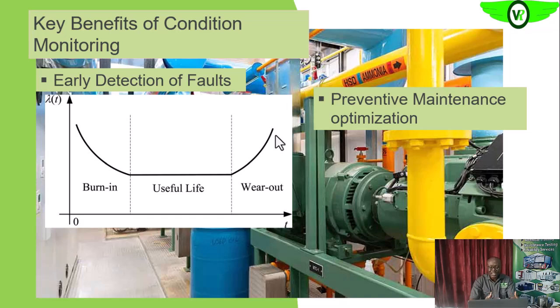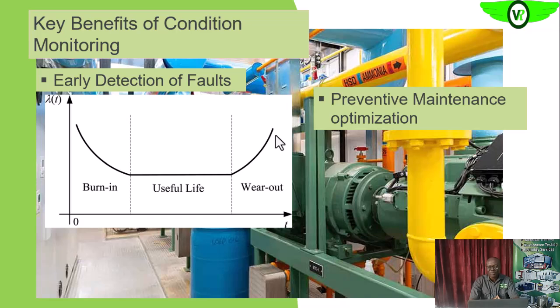Okay, there are some critical components and equipment that you cannot allow to fail without you knowing, because if they fail, the results will be too catastrophic to your operations, either cost-wise or they can affect the safety of your plant.